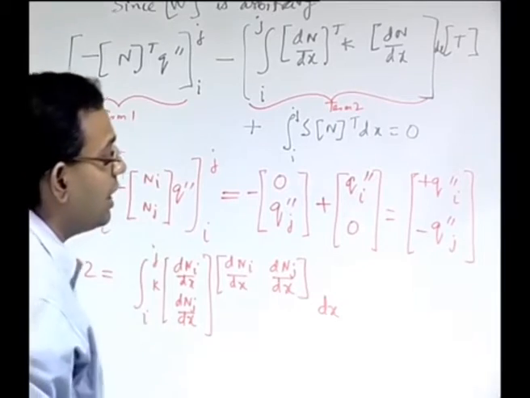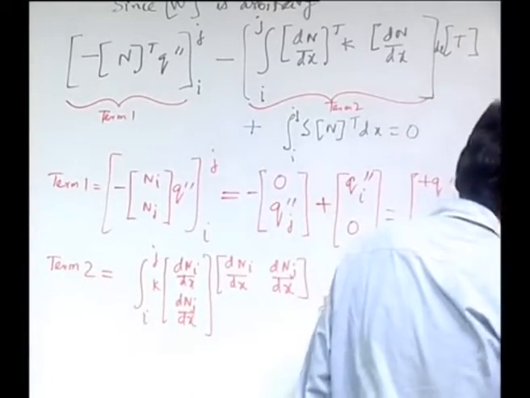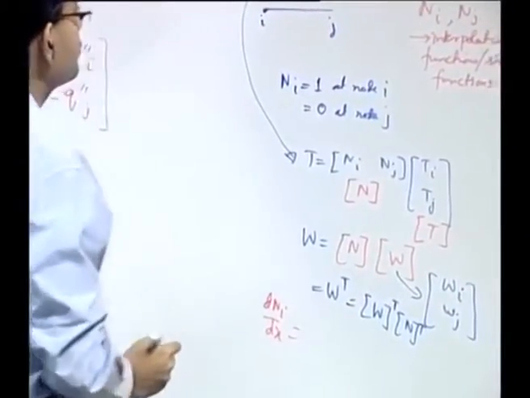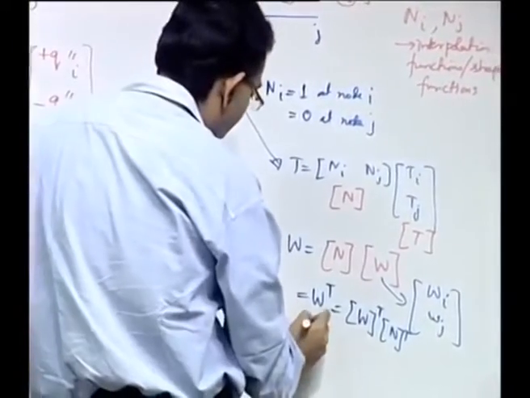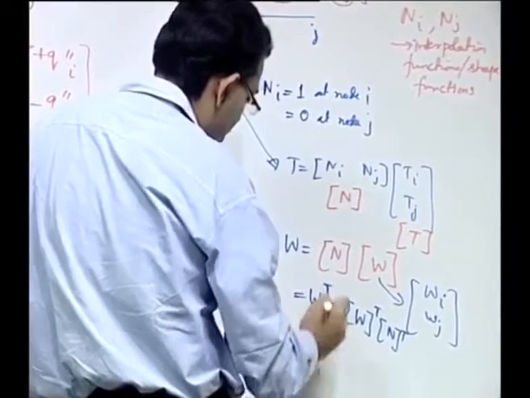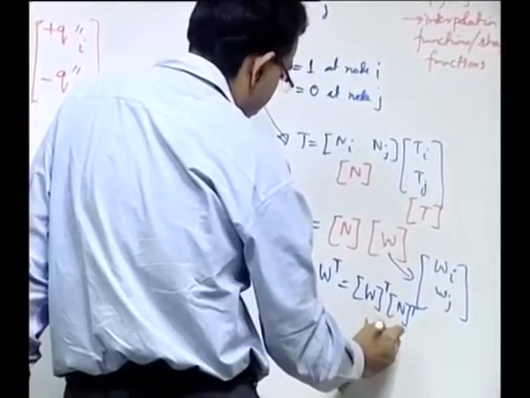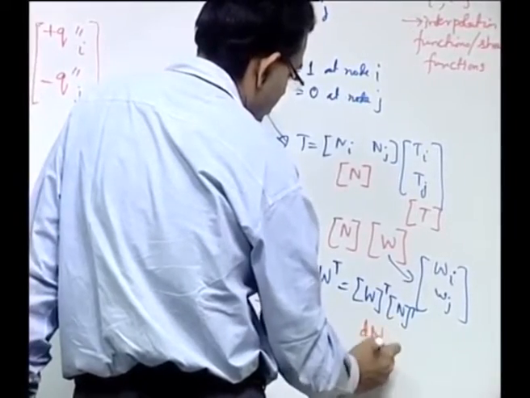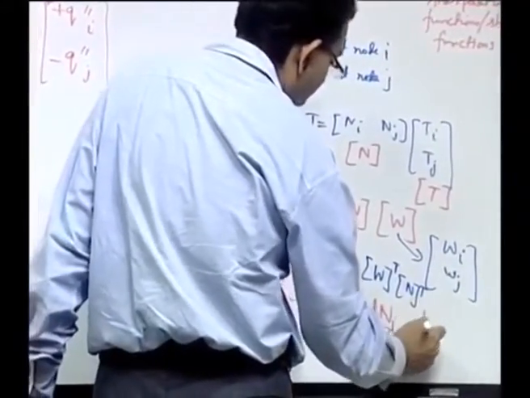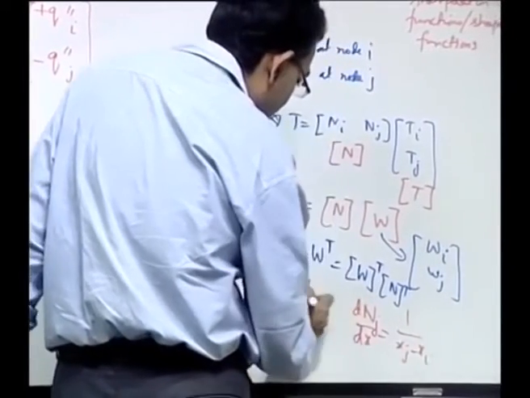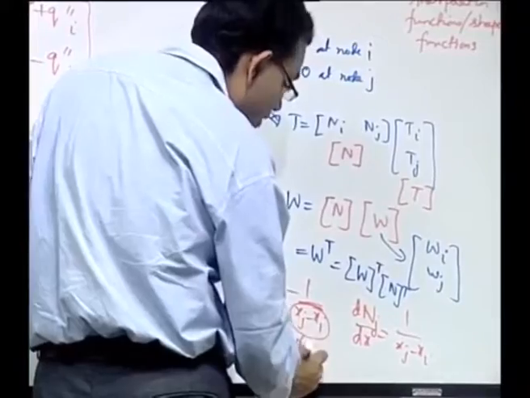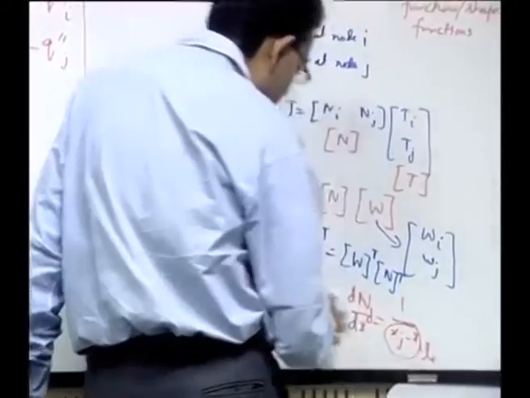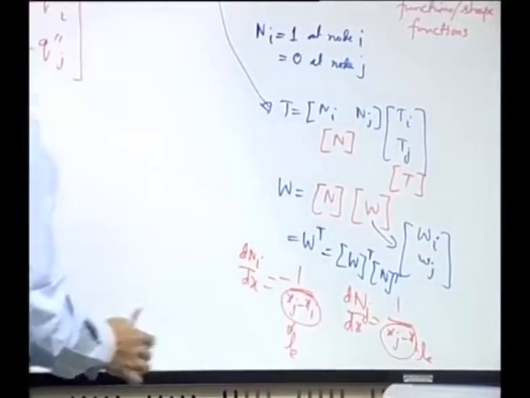So what is dni dx? So dni dx is minus 1 by xj minus xi, and d nj dx is 1 by xj minus xi. Xj minus xi is nothing but the length of each element, the difference between the x coordinates of the two ends. So this is minus 1 by Le, this is 1 by Le.